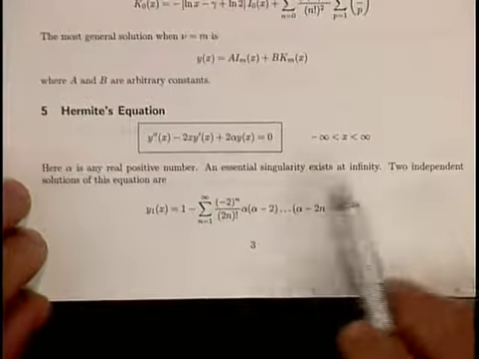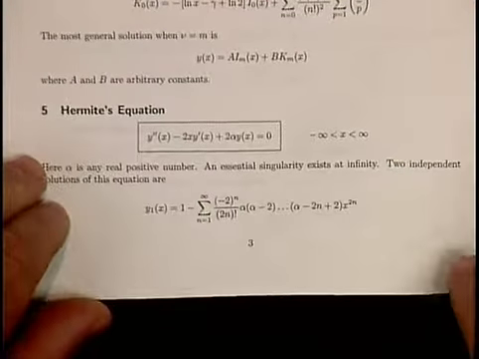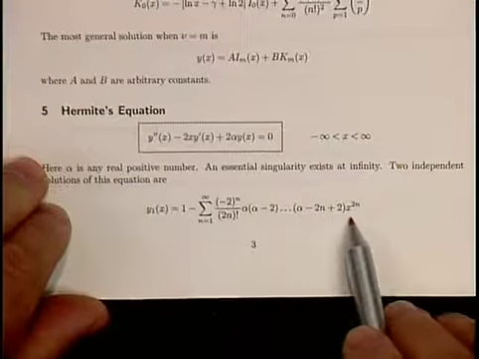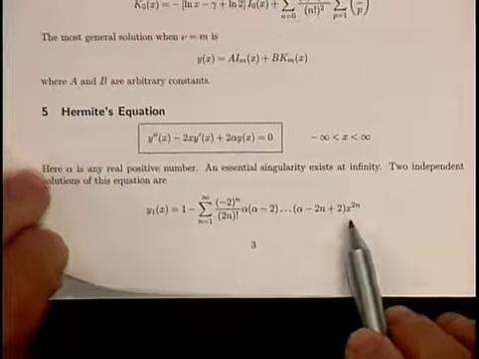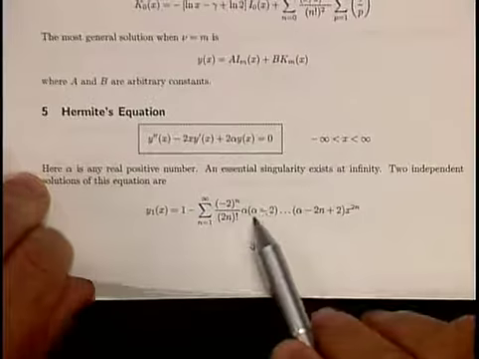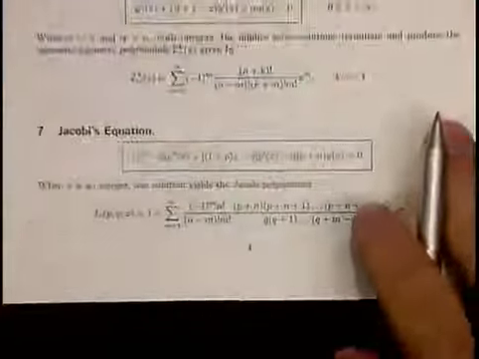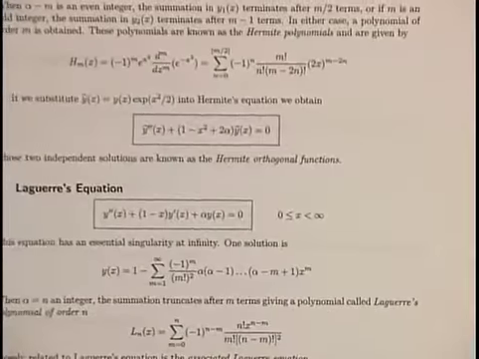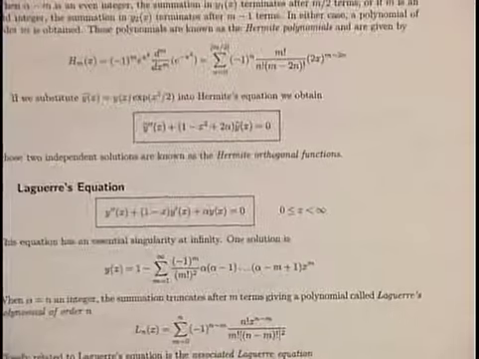So we will have two independent solutions for this equation. One of them is given by this series representation for the parameter alpha that we see in the problem here, and the other one is given by the following equation on page number 4.